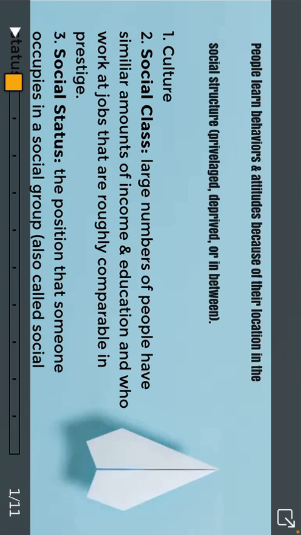Again, this is based on those three components: income, education, and occupational prestige. Remember those three. You will see those again at some point. So again, remember that large number of people who are going to have similar amounts of income, maybe similar amounts of education, maybe work at jobs that are comparable to each other in prestige. That all makes up a social class.